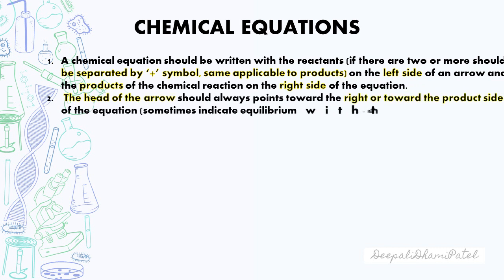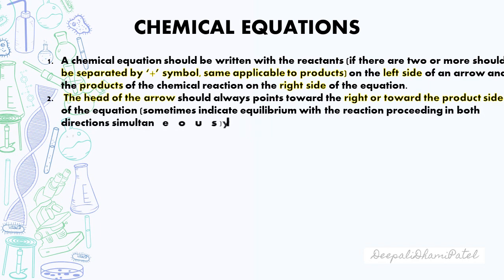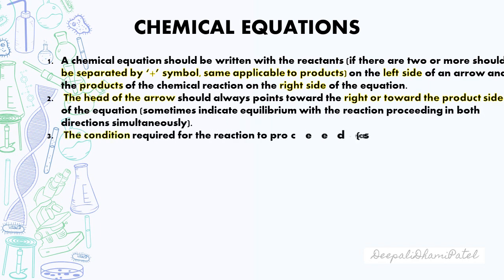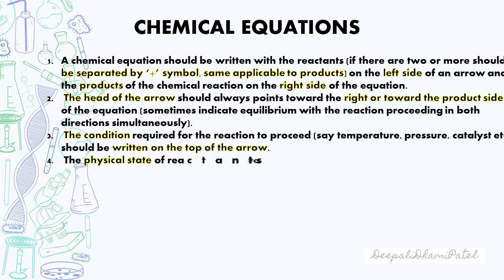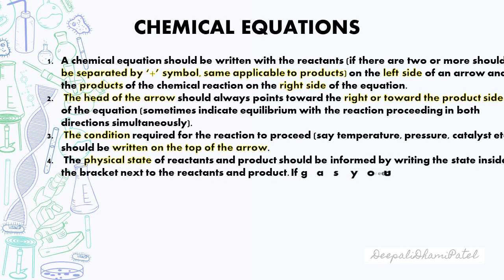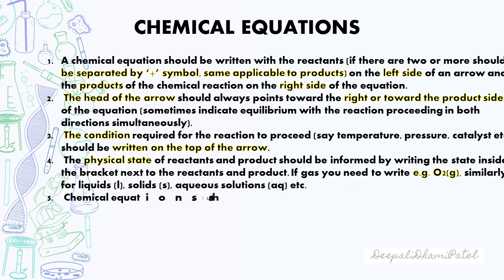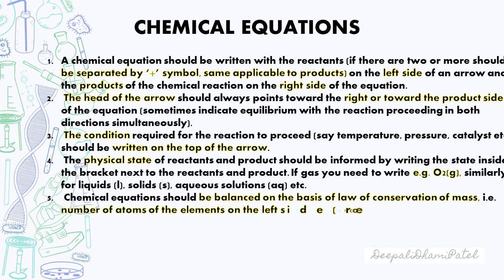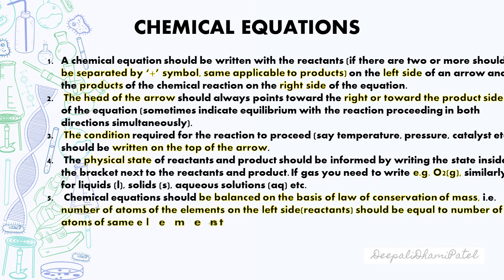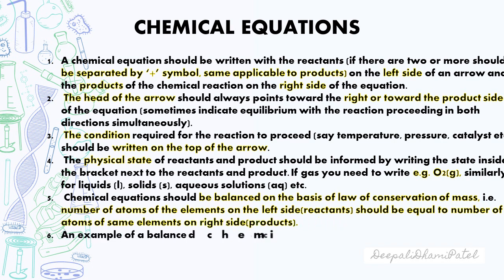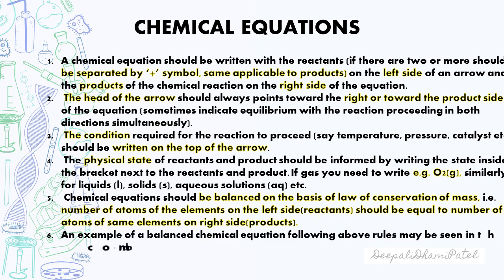Now, there are certain rules to be followed while writing these chemical equations, and you should be aware of certain symbols related to them. The rules are: the reactants, if there are two or more, should be separated by a plus symbol, and the same applies to products. The reactants are written on the left side of the arrow and the products of the chemical reaction on the right side of the equation.